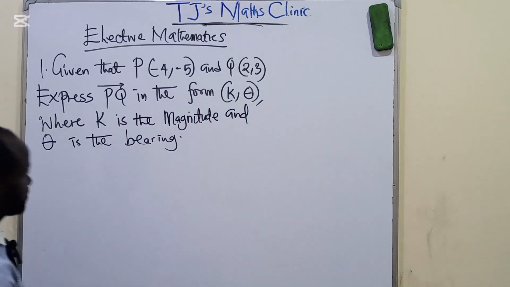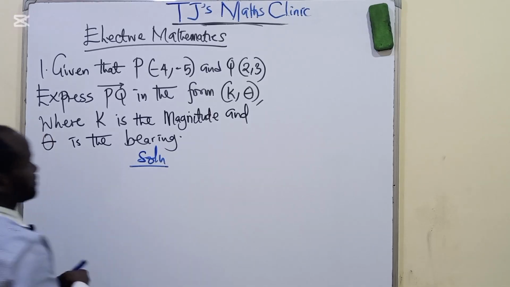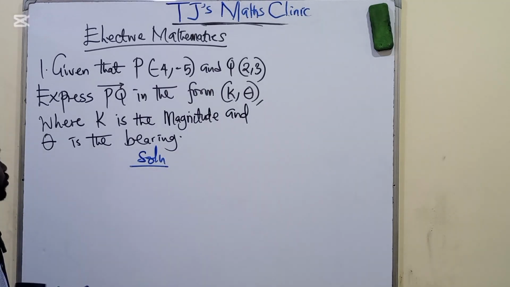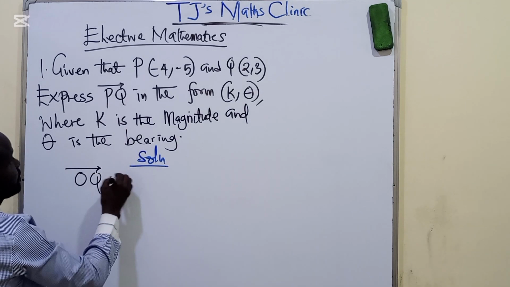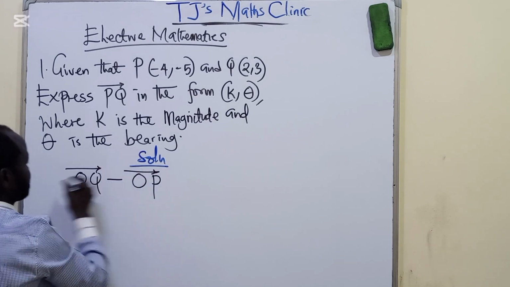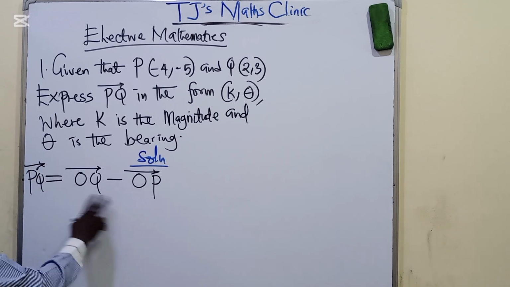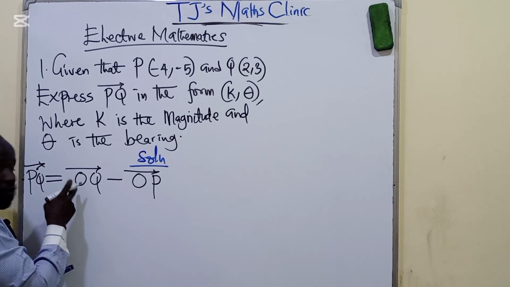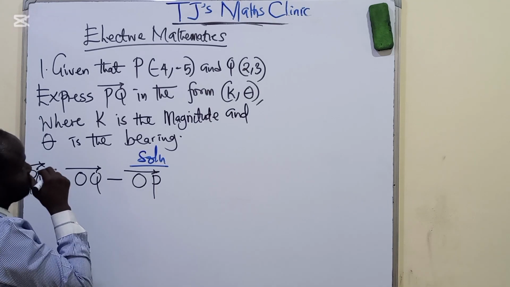First thing to do, let's write down the solution and analyze the question. Vector PQ relative to the origin is the same thing as vector OQ minus OP. So vector PQ, relative to the origin, is nothing but vector OQ minus OP.